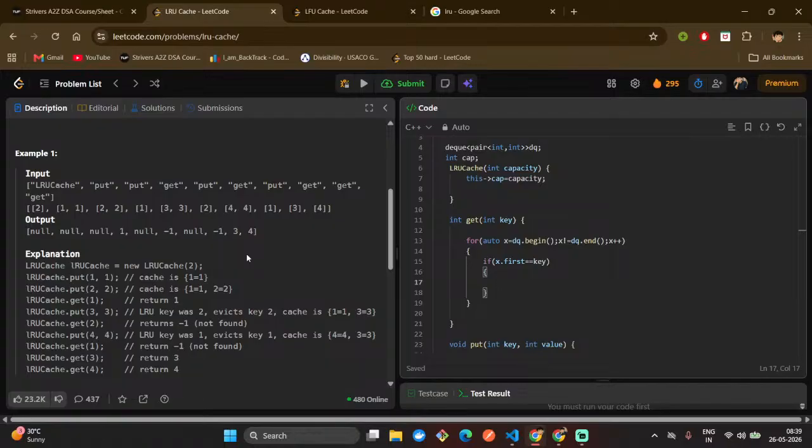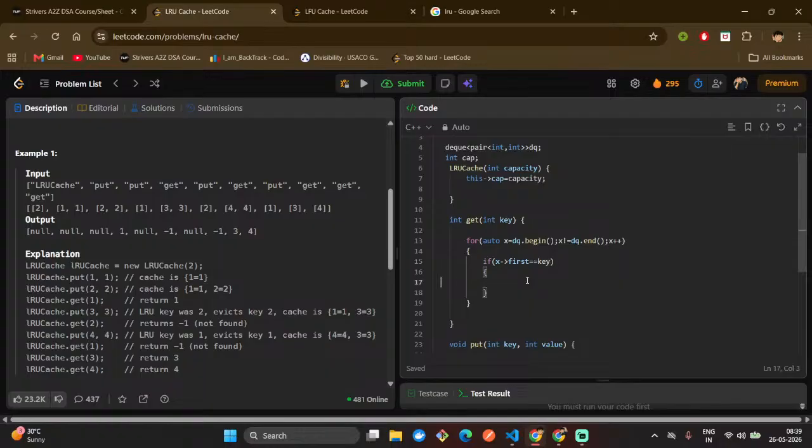If the key dot first is equal, what we have to do?